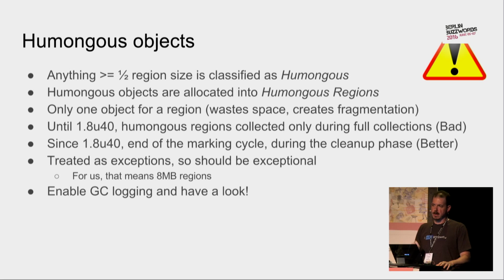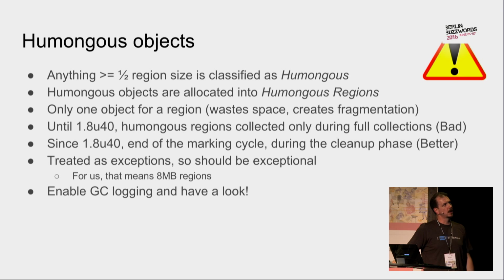If the objects that you're allocating to these regions are half the size of the region or larger, then it sort of special cases that. It treats them exceptionally. It will only allocate one object per humongous region, and these humongous regions have to be contiguous. So if you have too many of them, then the usage of the heap will be very inefficient. You'll waste a lot of heap, and you will fragment the heap. They're meant to be treated as exceptional, so the number of them should be exceptional.